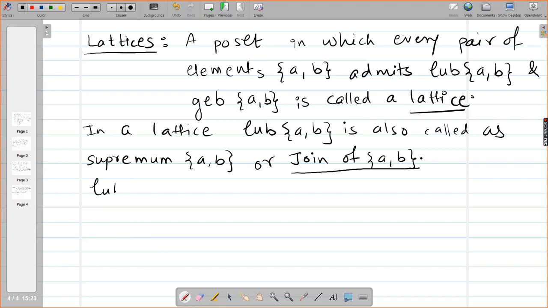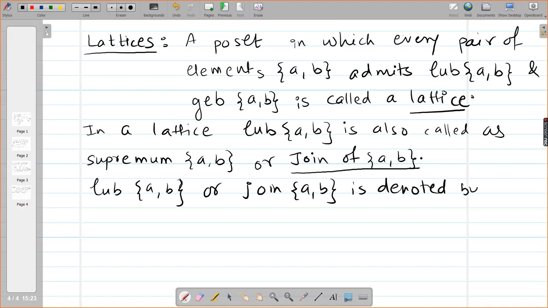So LUB of A, B or join of A, B is denoted by A join B. So this is the notation, please remember. This is OR. We will use the OR notation.